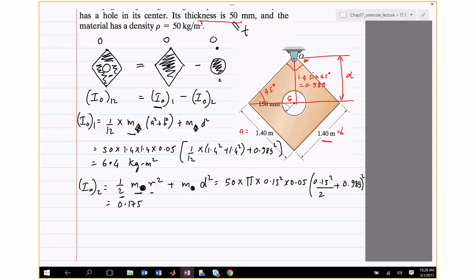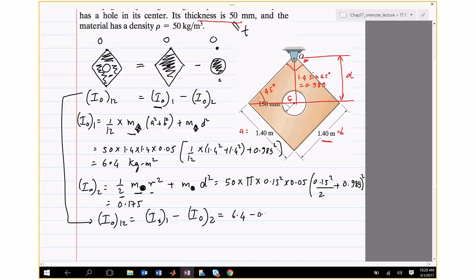Okay, so all that is left is to use this formula here. So 6.4 minus 0.175, that is 6.23.